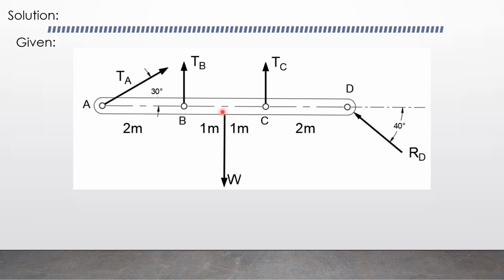So we convert the uniformly distributed load into a concentrated load, W, acting in the center of the bar. Just look at the distance: it is in the center, so 3 meters from the right and 3 meters from the left.